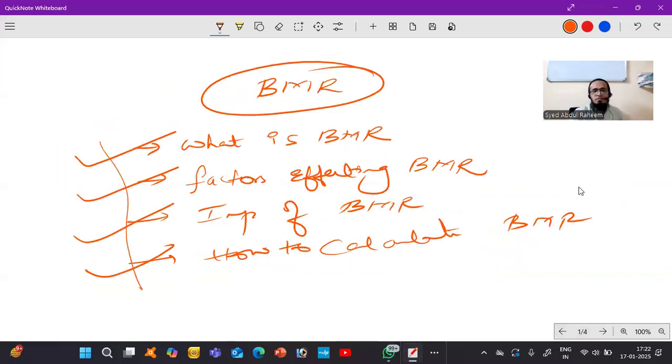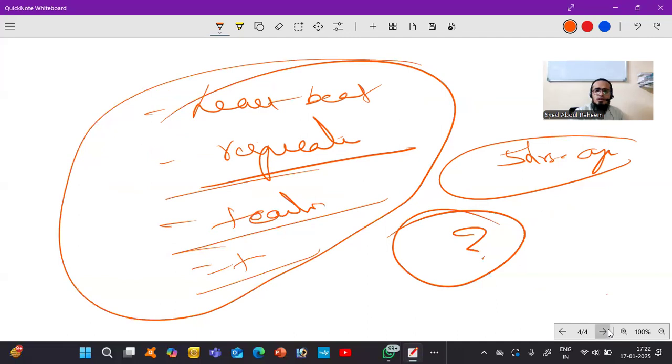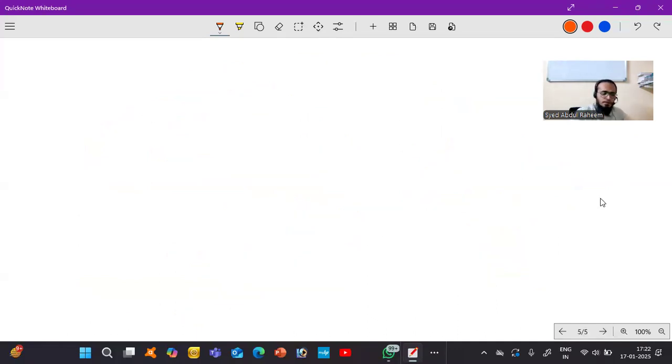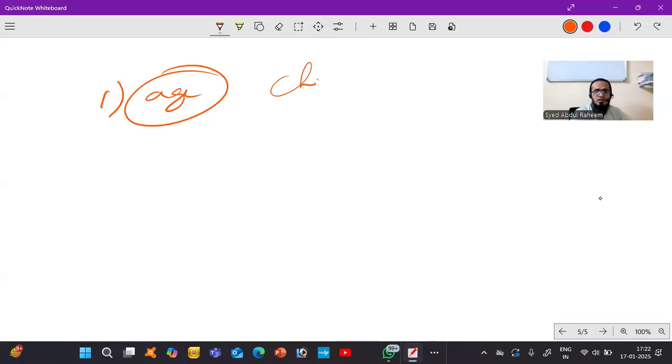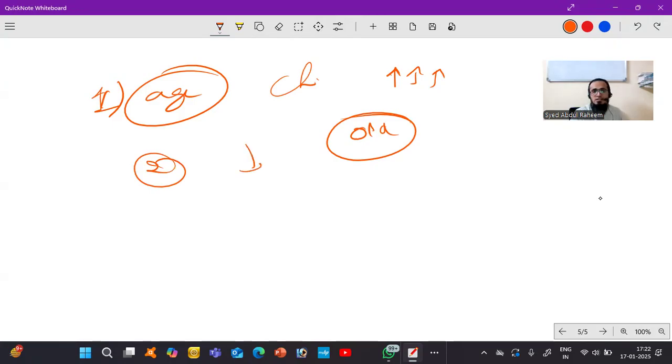Next is factors affecting BMR. There are different things related to BMR. Age: in children, the required amount of energy is more than in an old person. In the female, less energy is required, and male requires more energy. Sometimes the opposite: sometimes male requires less energy, female requires more.